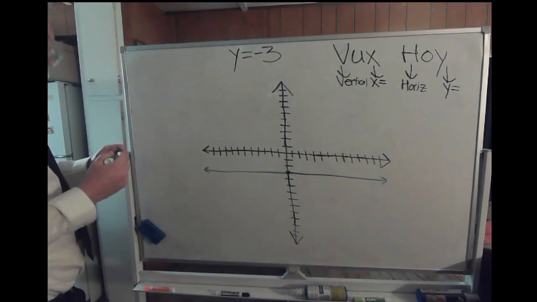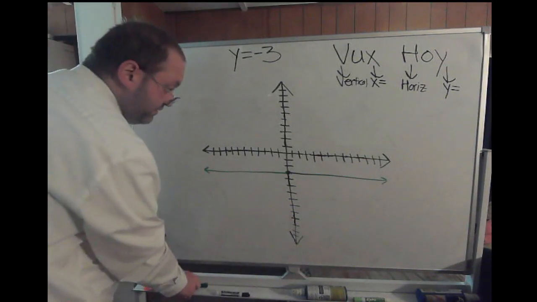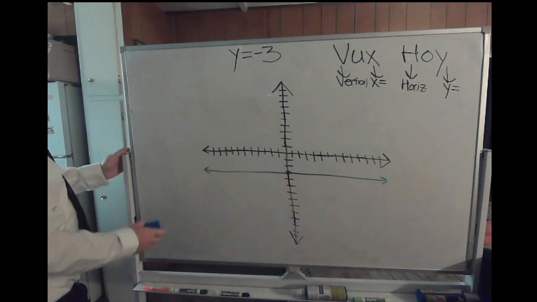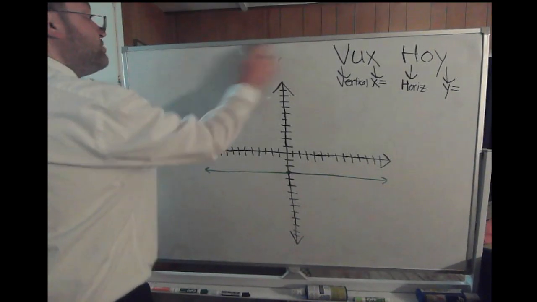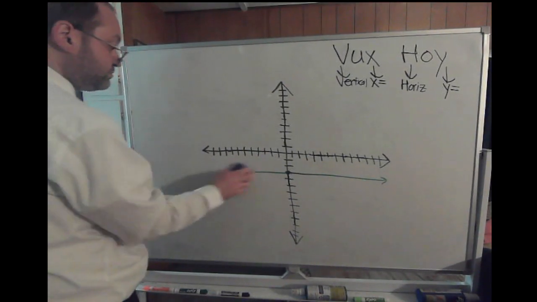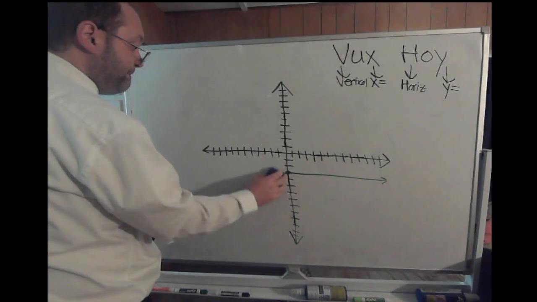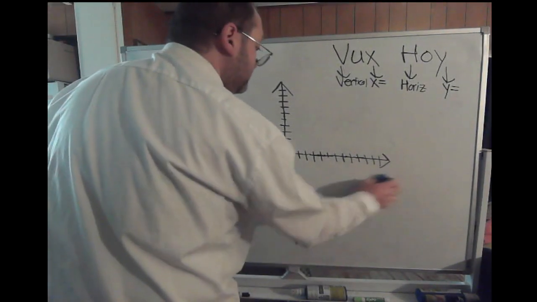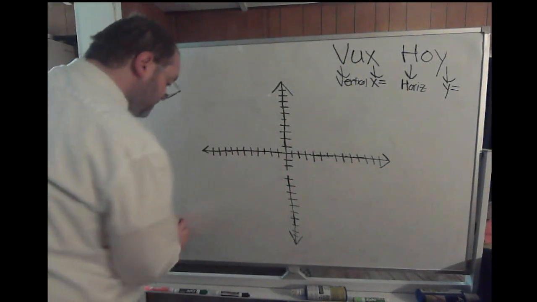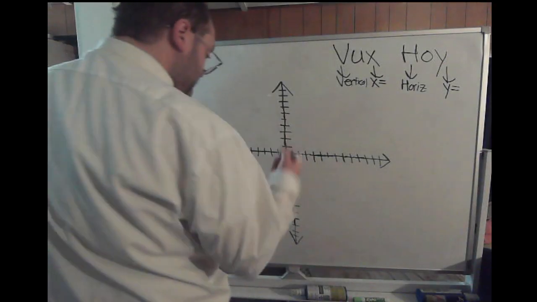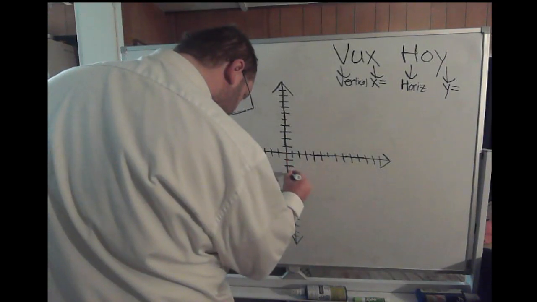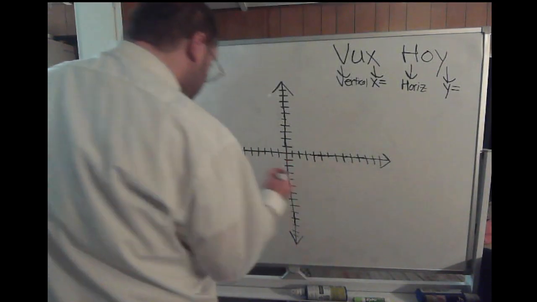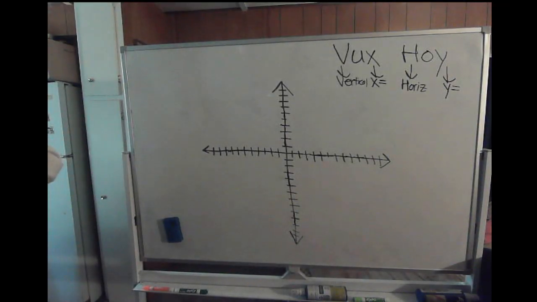And that would be your graph of y equals negative 3. Last one.